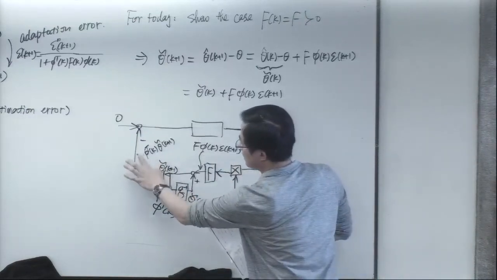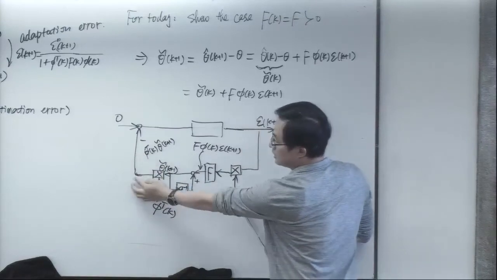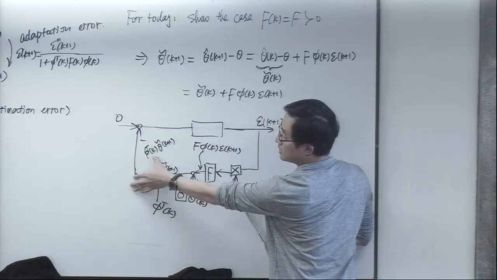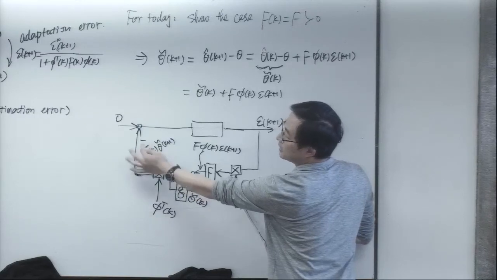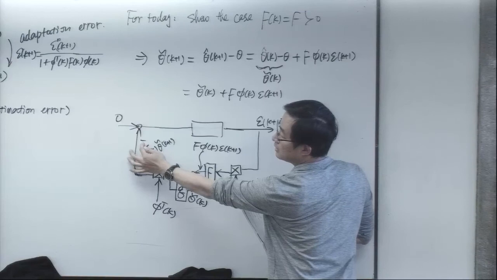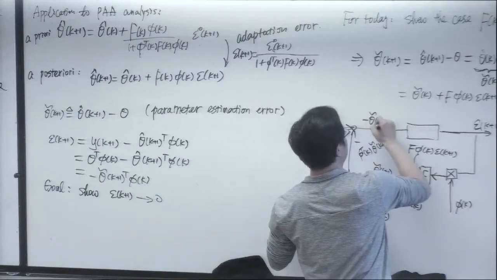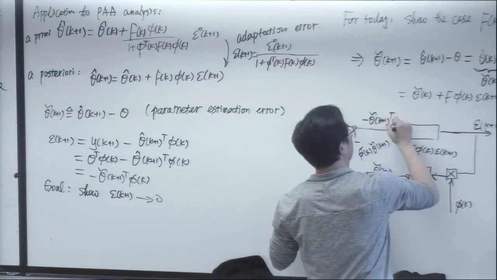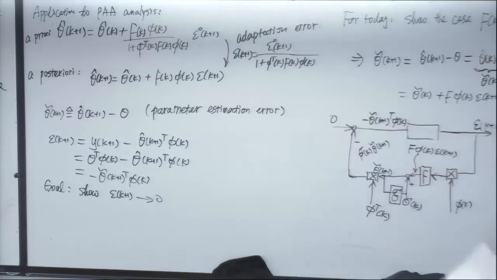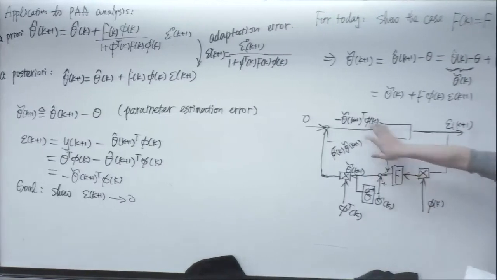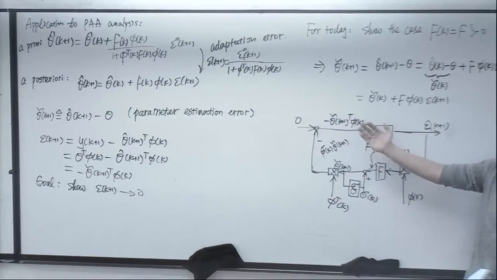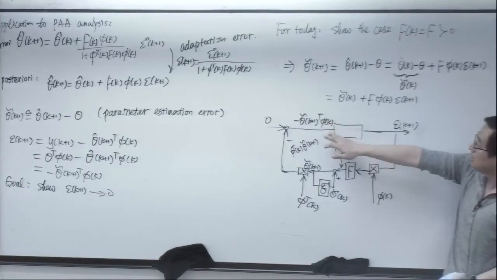This is positive. So the signal here is phi transpose k times theta tilde k plus 1. And we add another negative sign here. This becomes this, right? So this is negative theta tilde transpose. I swapped the transpose sign again using the trick we talked about for vector multiplications.